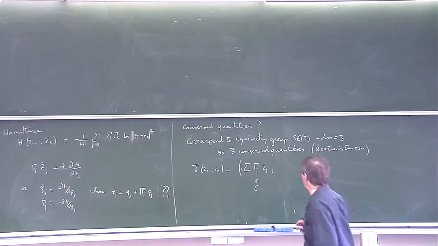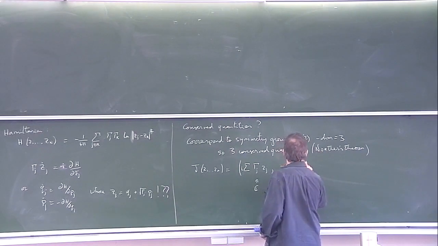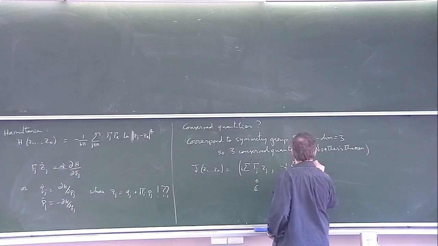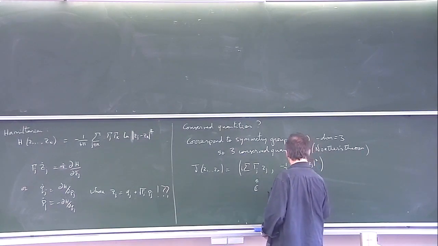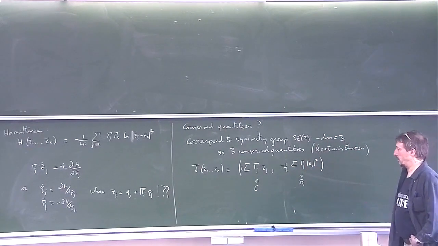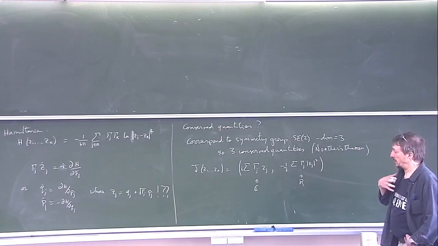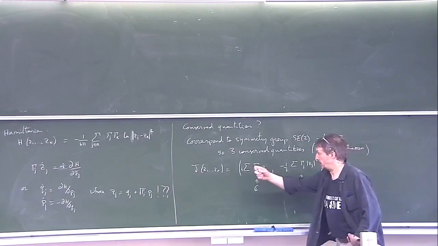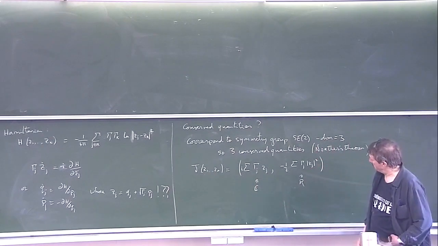And this one has a -1/2 as a factor. So a total of 3 conserved quantities. As the points move, under the dynamics, the real and imaginary parts of that, and this quantity, are conserved.